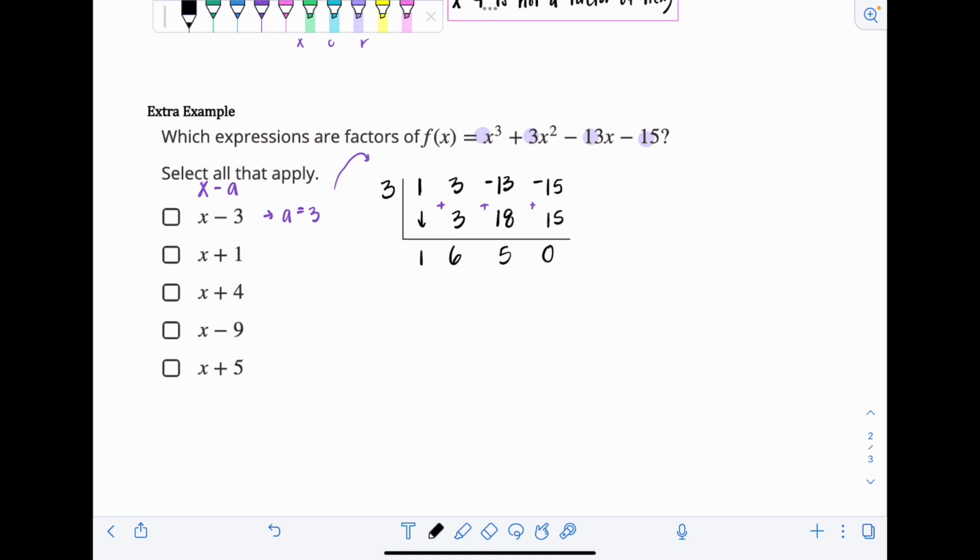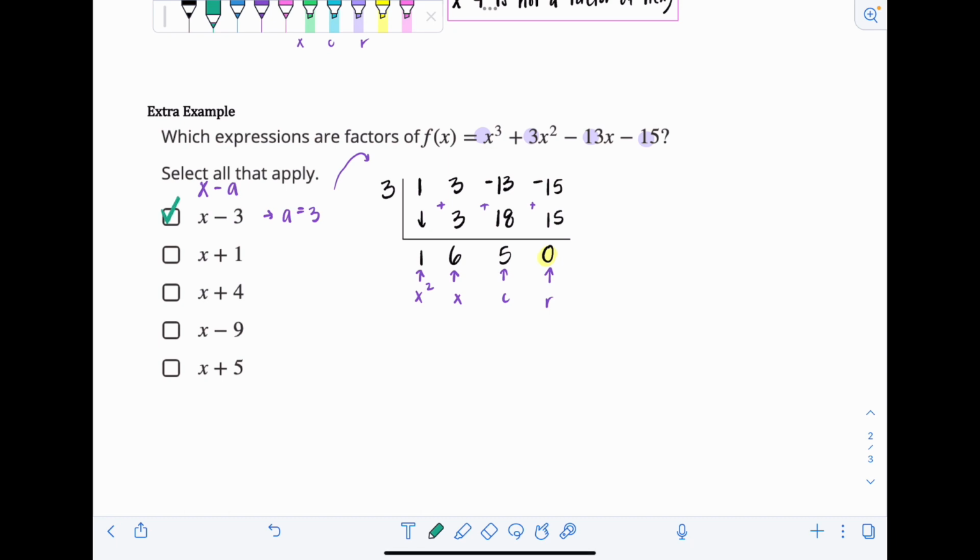Okay, so starting on the far right side, this is the remainder. Then the coefficient of x to the first power, the coefficient of x squared. Once we get the remainder of 0, that proves that x minus 3 is definitely a factor.